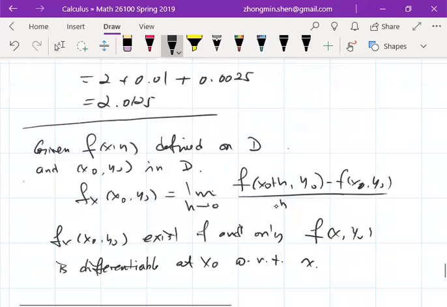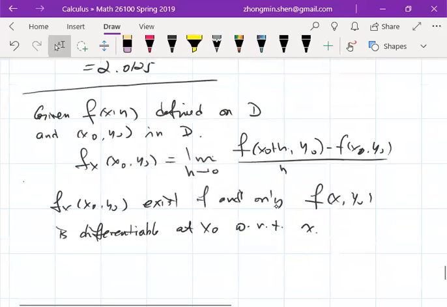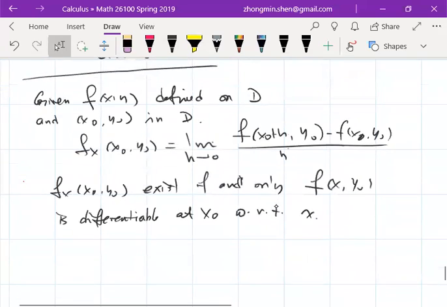Okay, so we just reduce the problem to a function in one variable. Now you have two variables. How can I say a function is differentiable in two variables? So here's the definition.